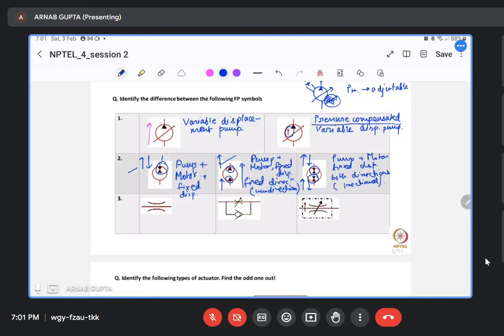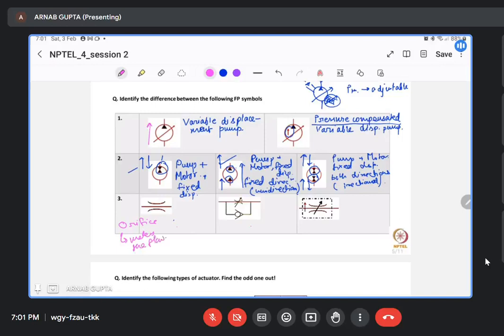Okay. Coming to the third one. So here, what are these components? These are basically an orifice or flow meter. So it meters the flow through the circuit.